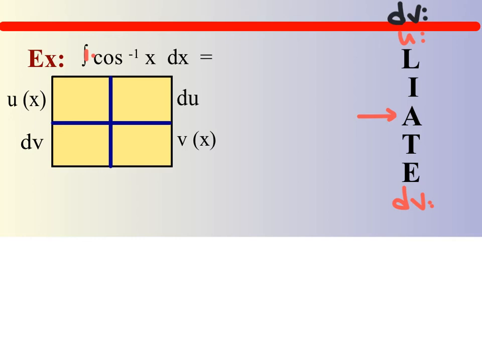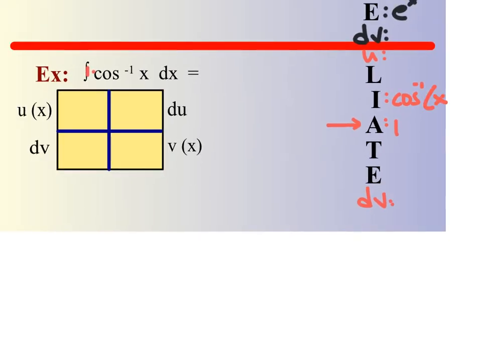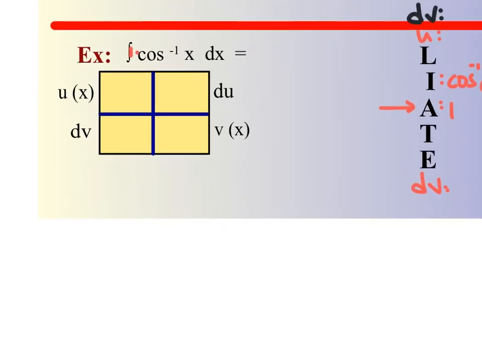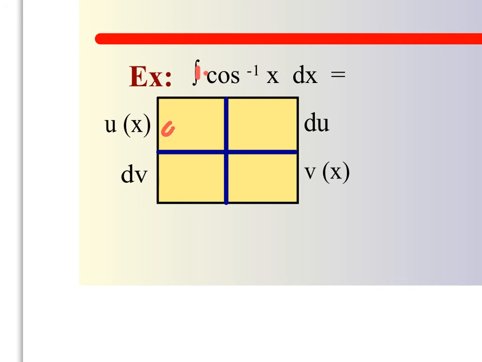Okay, well, 1 is algebraic, right? And inverse cosine, oh, there it is, never mind, is higher on that priority list, right? So, looks like inverse cosine is going to be u.